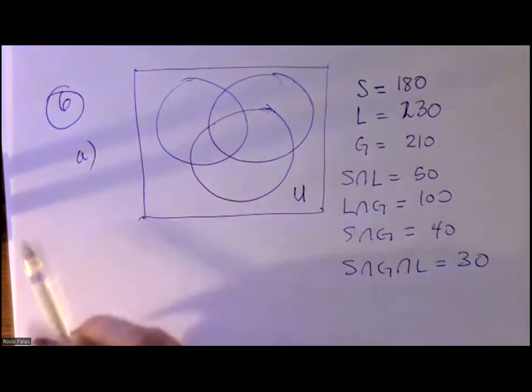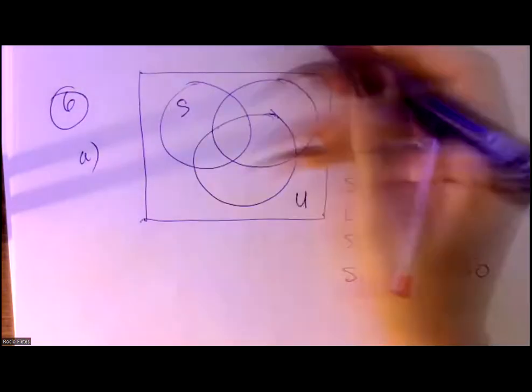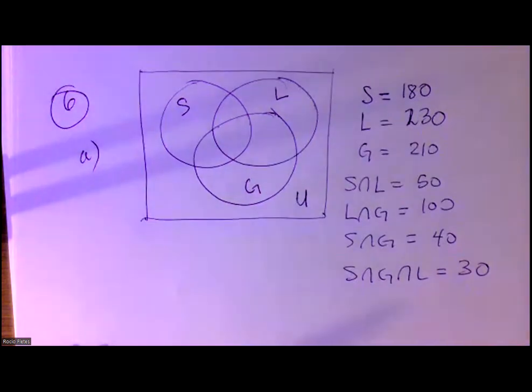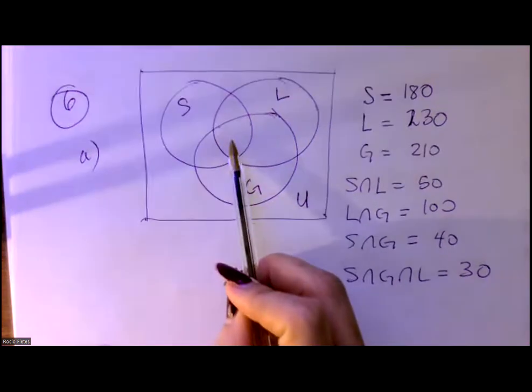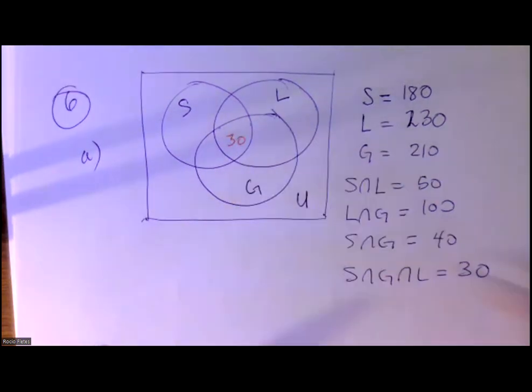So this is S, this is L, and this is G. Now, the area where the three overlap is the very center. So we know we have students that have received scholarships, grants, and loans. So that's 30 of them. Okay, so you write 30 there.